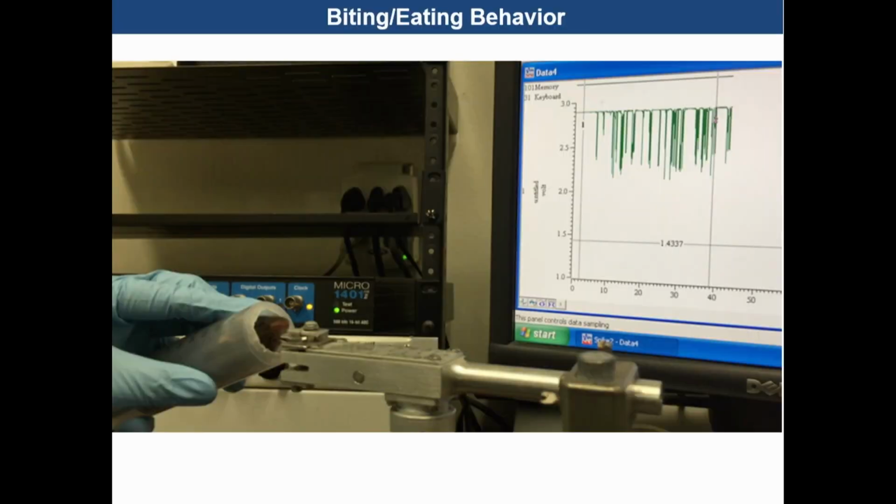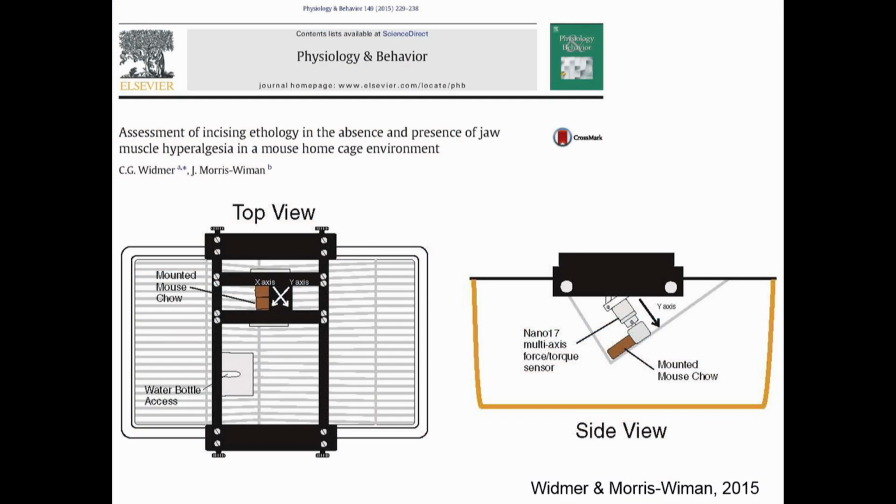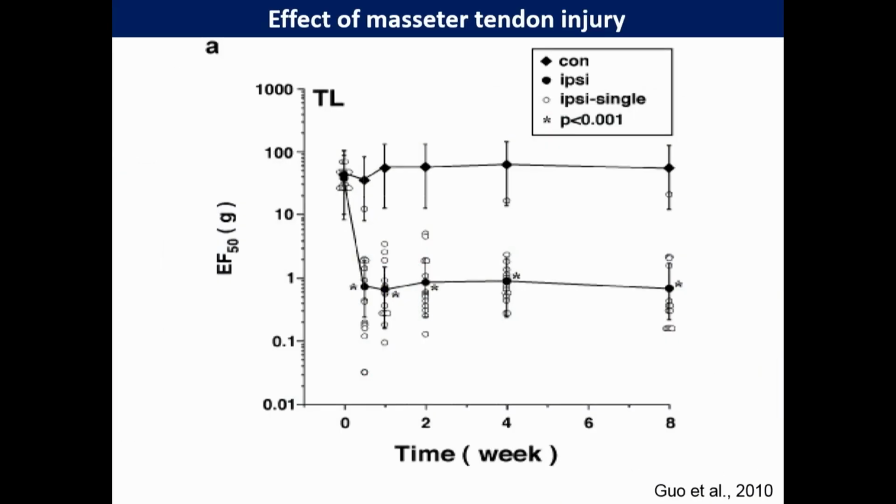Now, biting or eating behavior is another unique way to assess pain in rodents, because when you have pain, you tend to bite less forcefully. You use less force to bite. I have to go through this quickly.